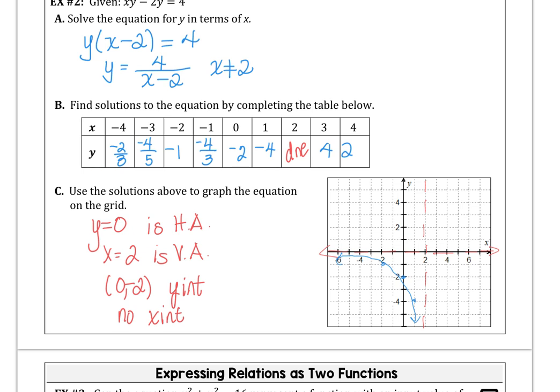And then on the other side of the vertical asymptote, when x is 3, y is 4. When x is 4, y is 2. And that graph is coming along like this branch here. So we've graphed that rational function defined explicitly up here and given to us in implicit form.